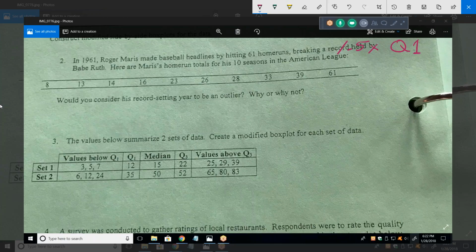Call an observation an outlier if it falls more than 1.5 times the first quartile above the third quartile or below the first quartile. Okay, so the first thing we need to do is draw the box plot for Roger Maris.